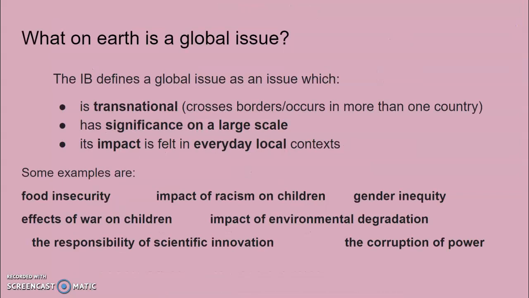So if it's centered around a global issue, what on earth is a global issue? Well, the IB defines a global issue as any issue which is transnational, so that means it happens in more than one country, it crosses borders. It has significance on a large scale, so it affects a lot of people, and its impact is felt in everyday local contexts. Some examples are food insecurity.